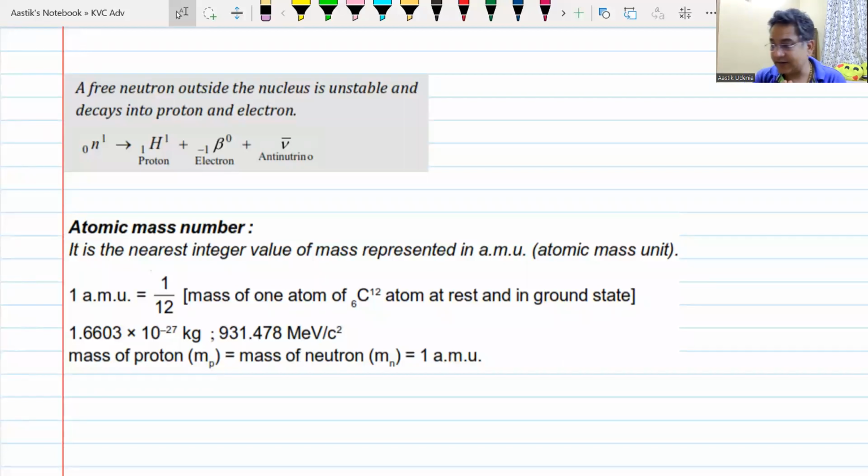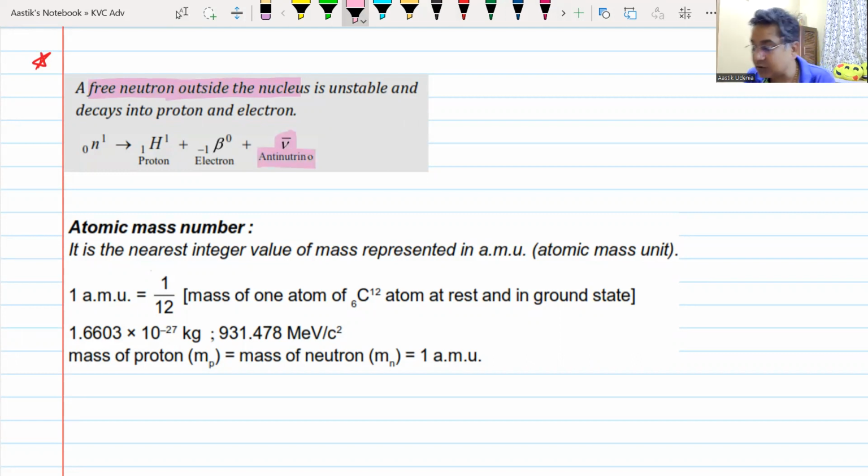That takes us to the next heading, and in this we see an important note. You can just note it. If you have a free neutron outside the nucleus, it cannot exist as a neutron. It will break into a proton, an electron, and it will give out a particle known as an anti-neutrino.